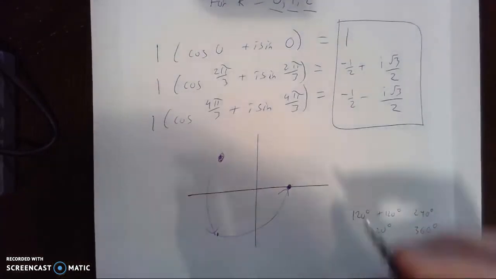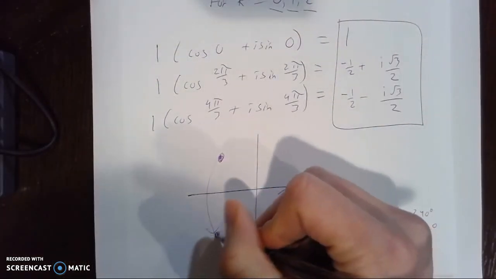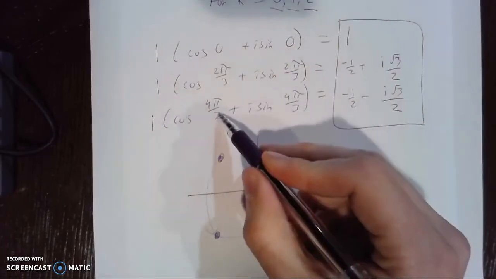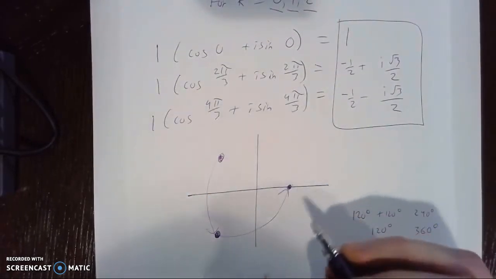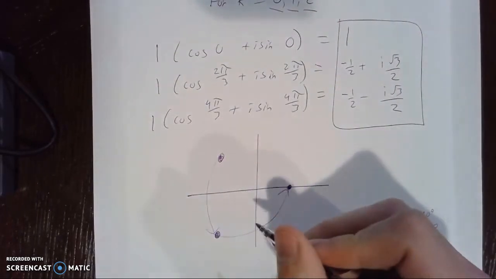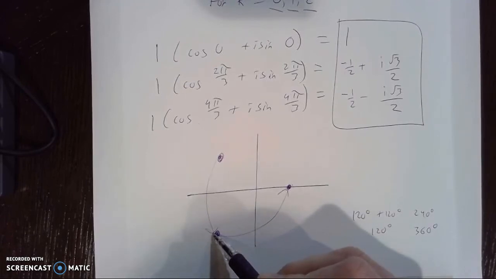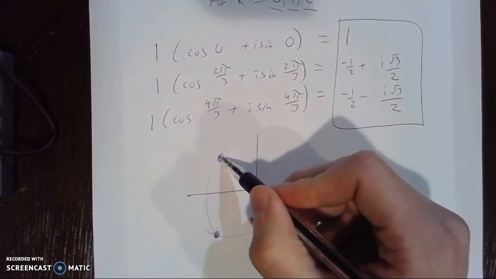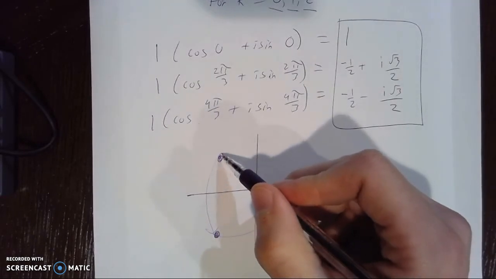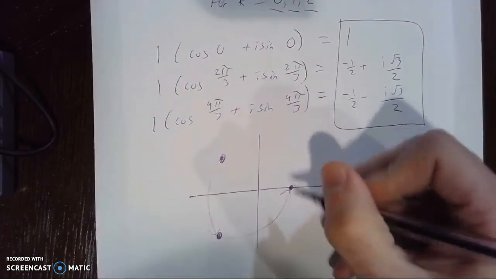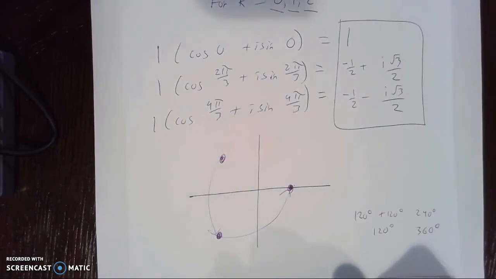Okay? And then finally, if we start at our third point down here, which is this one, 4 pi over 3, which again is like 240 degrees, when we multiply this, we're going to move from 4 pi over 3, or 240 degrees, to 8 pi over 3, which is 480 degrees, which is really 120. So we're back here. And then if we add another 4 pi over 3, it's just going to take us all the way around and land us back here.